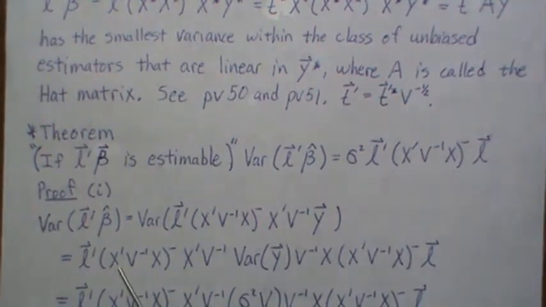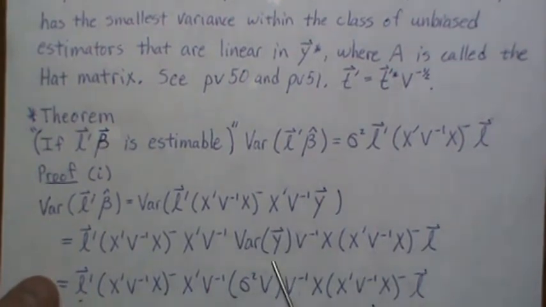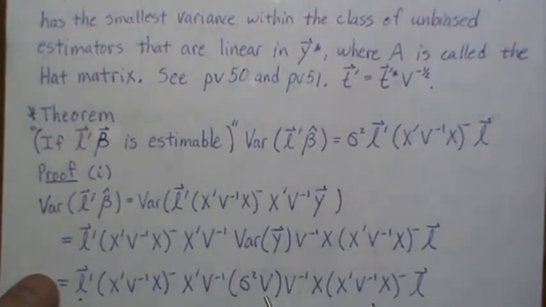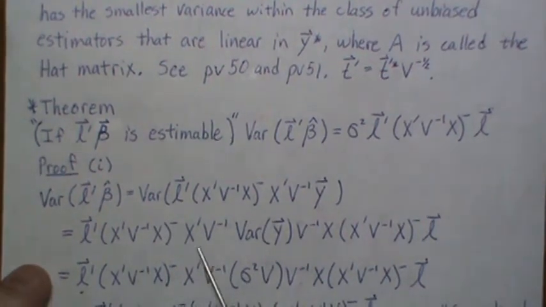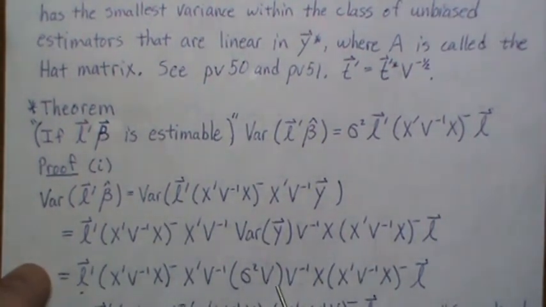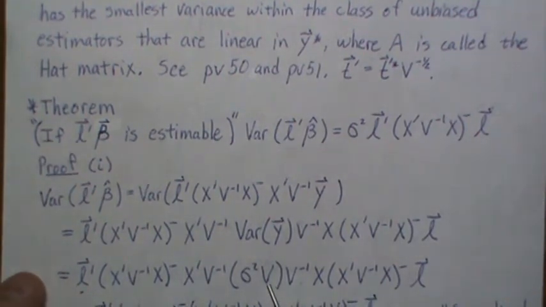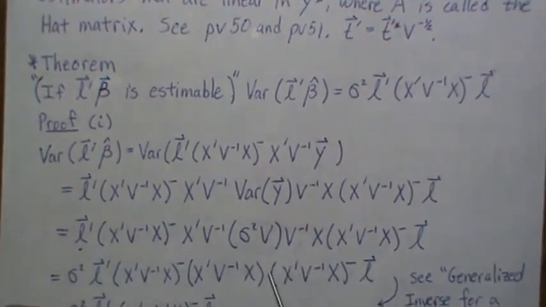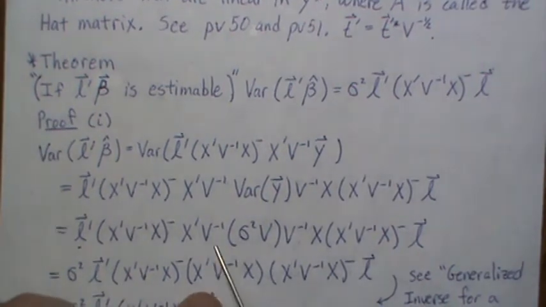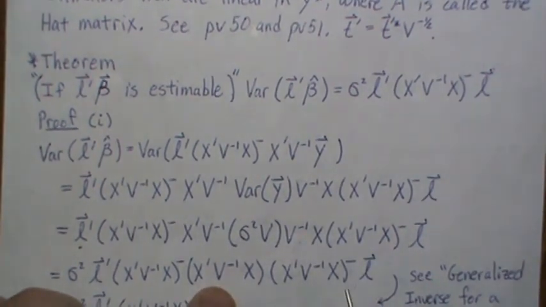So this is coming out front, and then this is the transpose of this. But then the variance of Y is sigma squared V. And the sigma squared is a constant, so it can actually come out front. And then the V and V inverse cancel, making the identity matrix. So then what's left over is this. So this comes down, V, this X, and this.